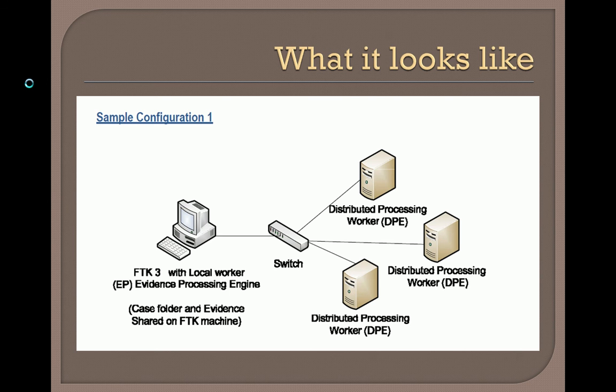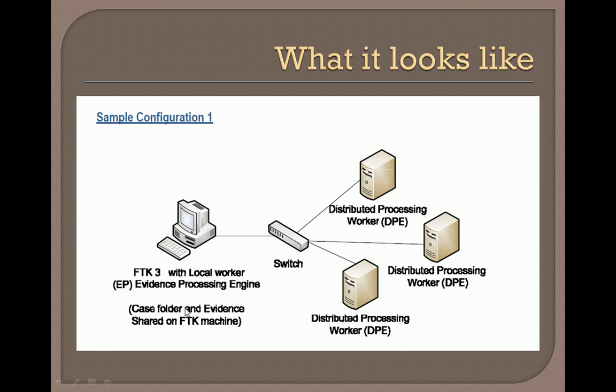So looking at sample configuration 1 one more time, we notice here we have 4 machines. We have 3 worker machines, and a header. So we have 4 machines. There are some severe limitations to doing it this way, not the least of which this header machine is going to get greatly overloaded if the Oracle database is also on the same machine as the FTK header.